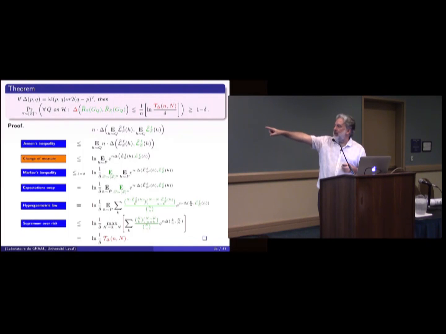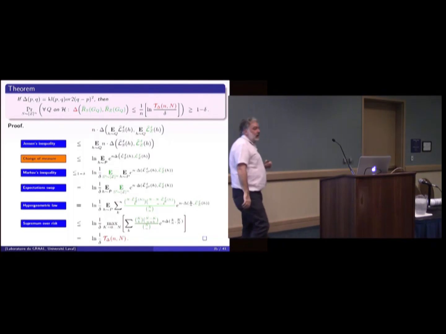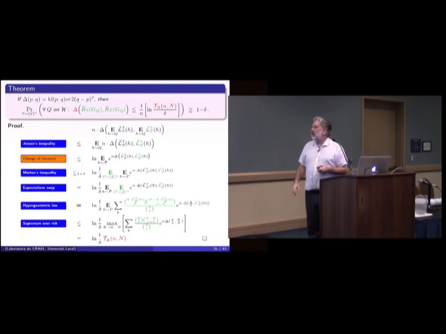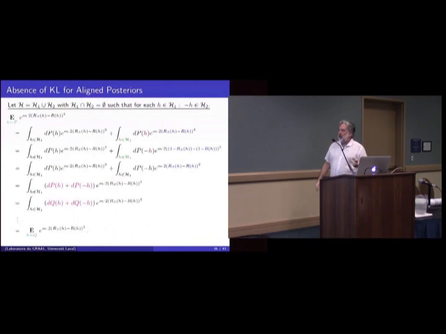So you have this expectation, and what you want to do is to transform it a bit. There's a mistake here. This is the P and this is the Q. But this is the idea.